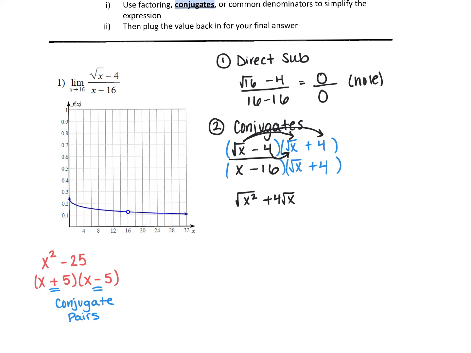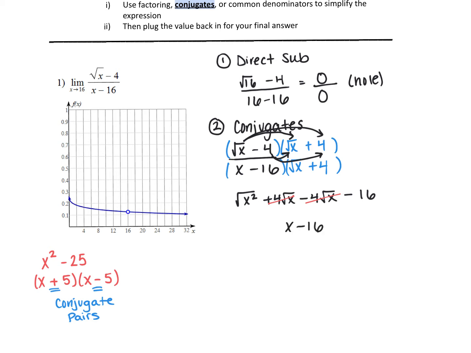And negative 4 times rad x is negative 4 radical x. And negative 4 times positive 4 is negative 16. A couple things will simplify. These are like terms that will cancel. We know that the square root of x squared is just x. So we've got x minus 16.